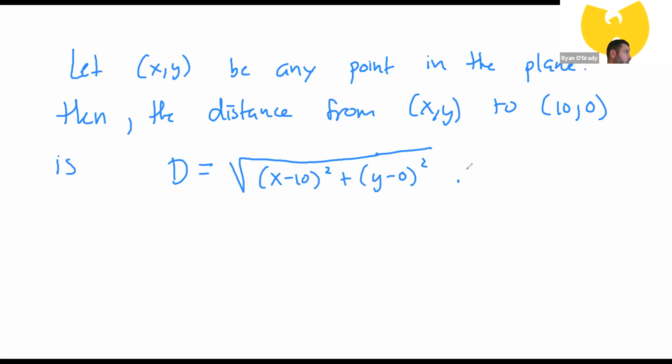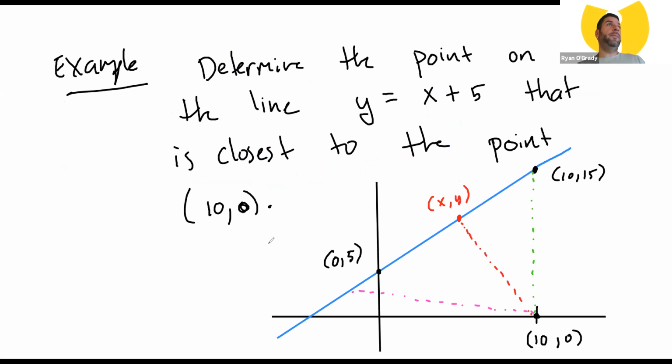This formula gives us the distance from any particular point in the plane, but we're not interested in any particular point. We're interested in points that have a certain property: they have to live on the line.